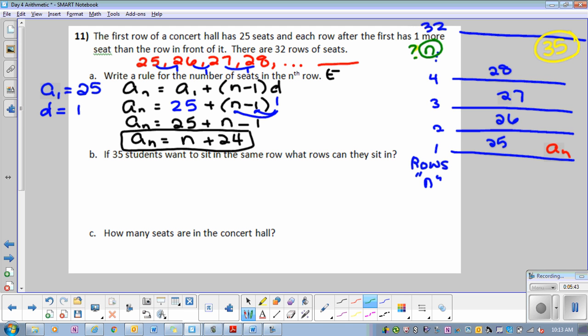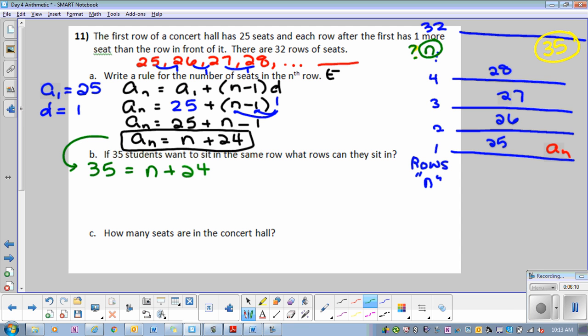So, 35 students, we're going to plug it in here, equals n plus 24. Yeah, I guess you're right. I guess I should have said a range, right? With first period, we talked about the first one where they can all sit together. So we'll put that and then we'll discuss the range.